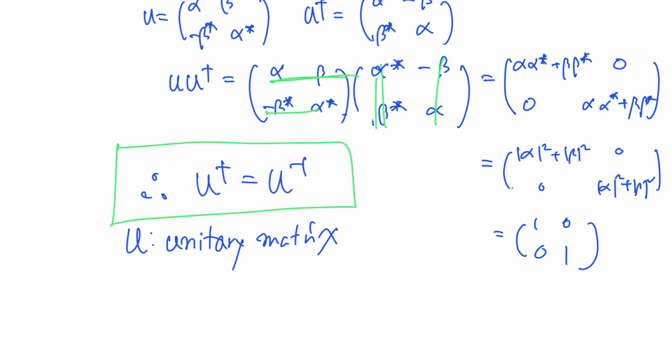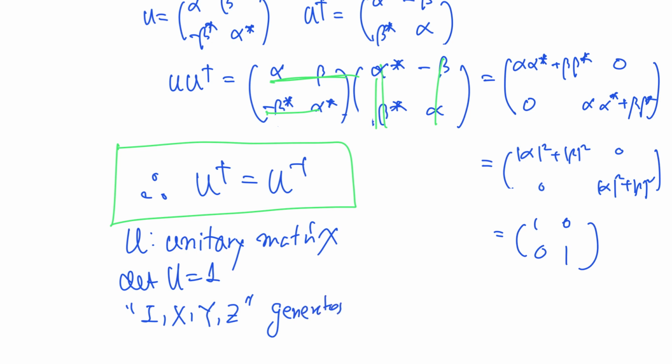And determinant U is equal to 1, right? So identity, X, Y, Z generate a unitary matrix, a 2 by 2 unitary matrix with unit determinant.